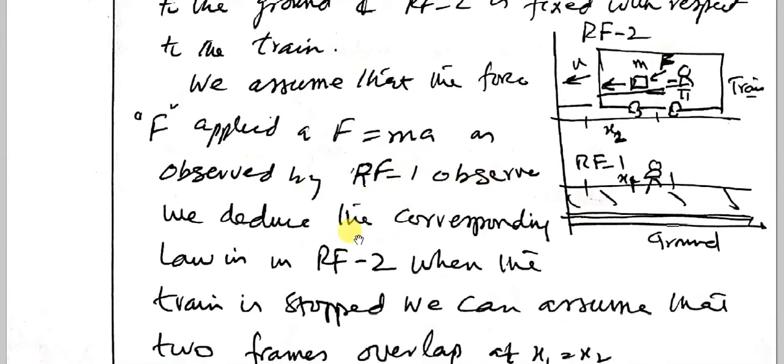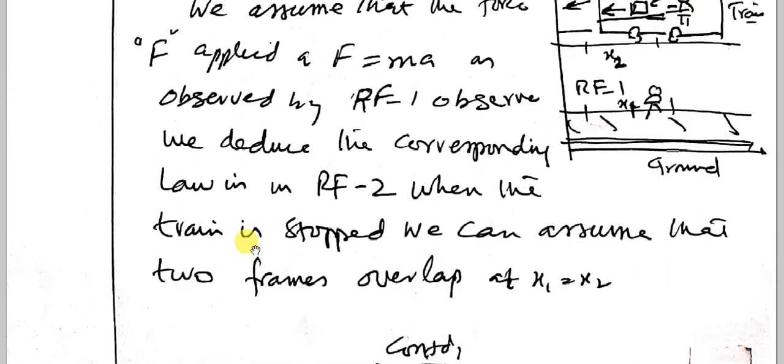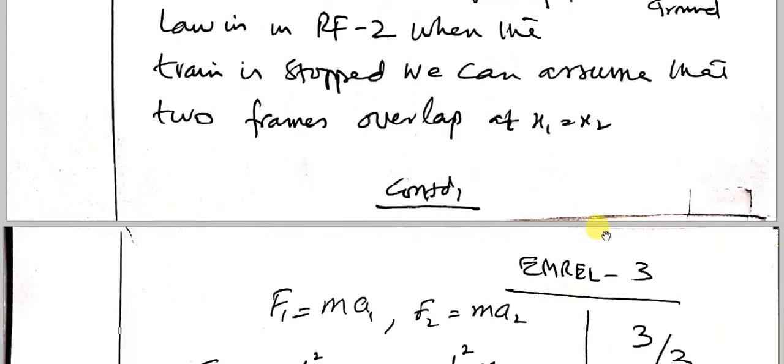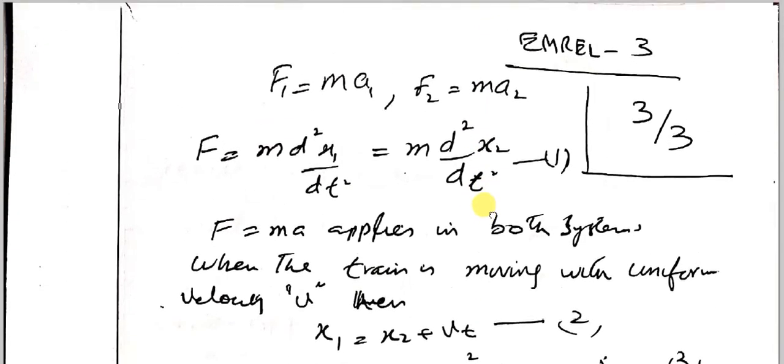We deduce the corresponding law in reference frame 2 when the train is stopped. We assume that the two frames overlap at x1 is equal to x2. So F1 is equal to ma1, F2 is equal to ma2.